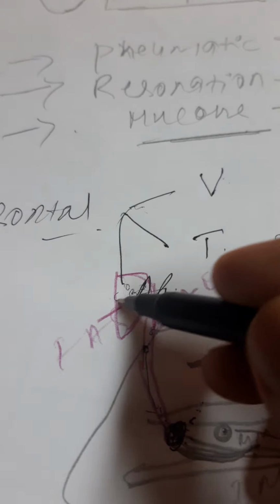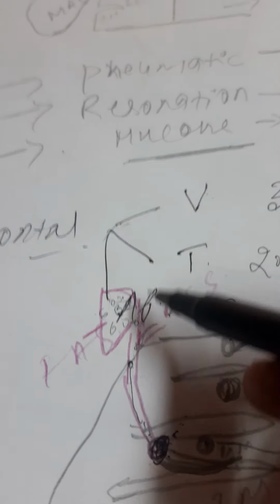The collection in the frontal air sinus results in sinusitis. The inflammation of the frontal air sinus results in frontal sinusitis. The patient presents with a headache. That is one of the common complications of sinusitis that we will be discussing later.